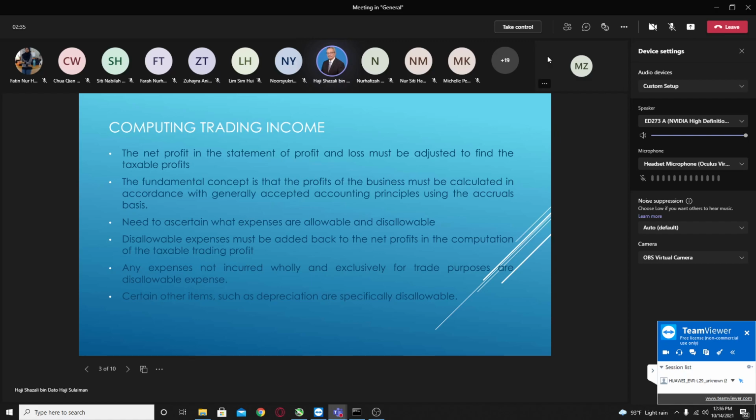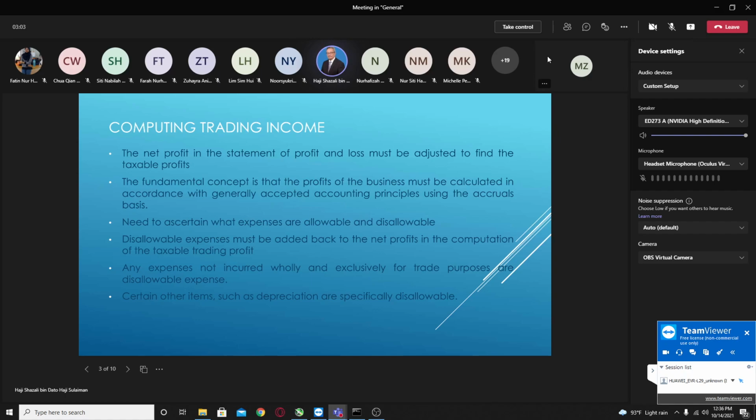So when you look at the chapter on computing trading income, just remember this chapter is also similar when I cover corporation tax, so taxation for companies. It follows the same principle as personal income tax. With computing trading income, the important thing to remember is that the net profit in the statement of profit and loss must be adjusted to find the trading profit.